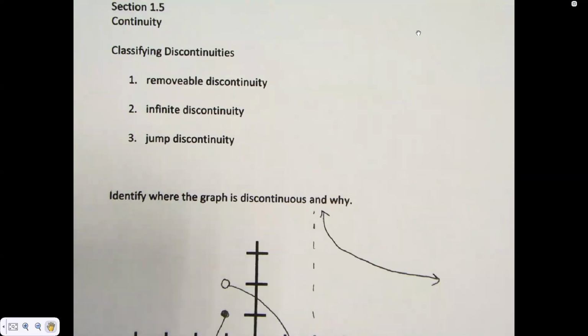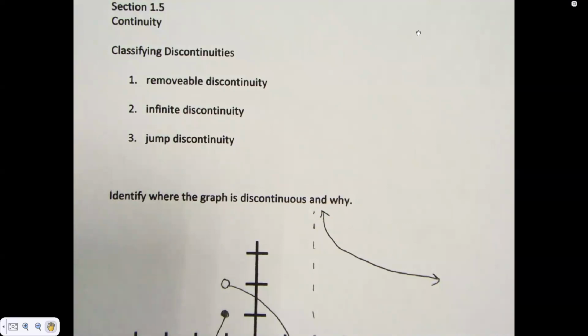If I have to pick up my pencil in any way, then it makes it discontinuous. So even though we call it continuity, we're actually going to talk about where it is discontinuous. And there's basically three ways that I have to pick up my pencil. So that is classifying discontinuity.